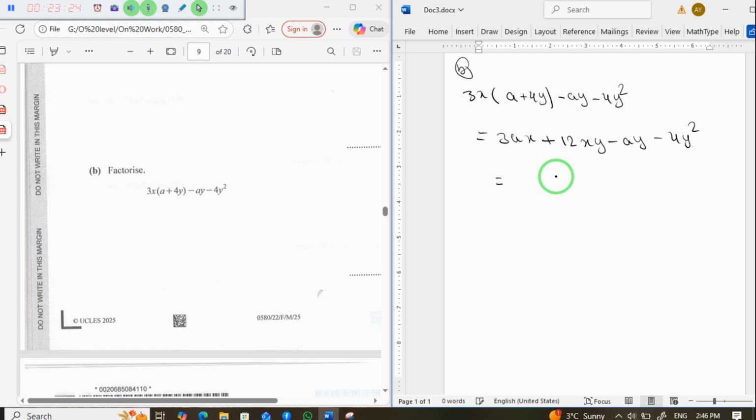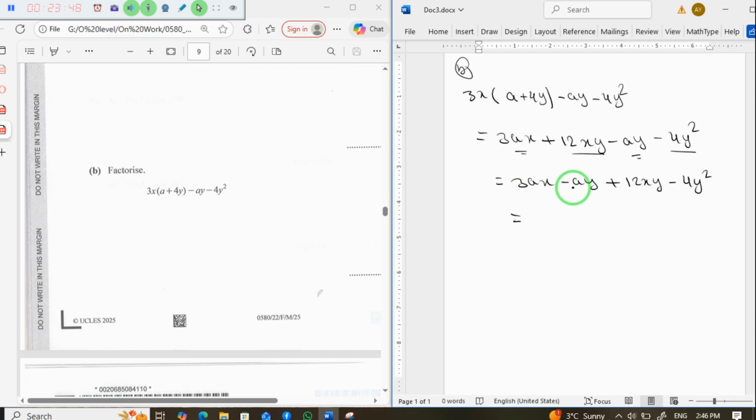Then we group. We take this one with this one, remaining 3ax minus ay, and this one with this one make another group, 12xy minus 4y square.